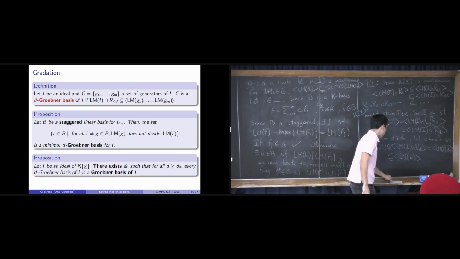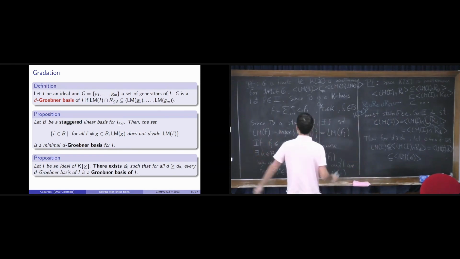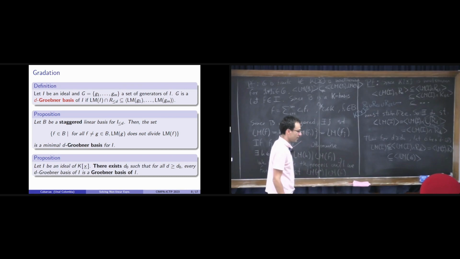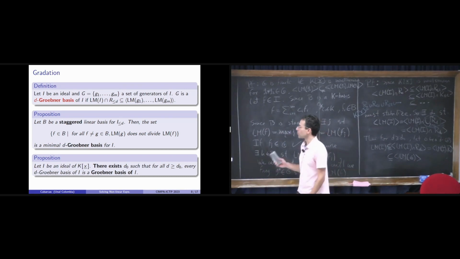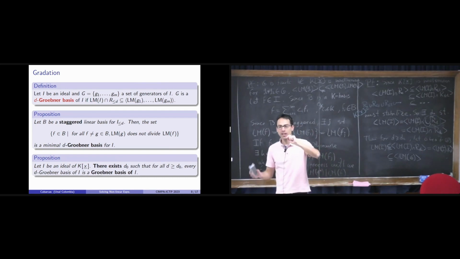So this should give us an idea of how to construct a Groebner basis. These two results together suggest a way to compute a Groebner basis. You start at degree 1.